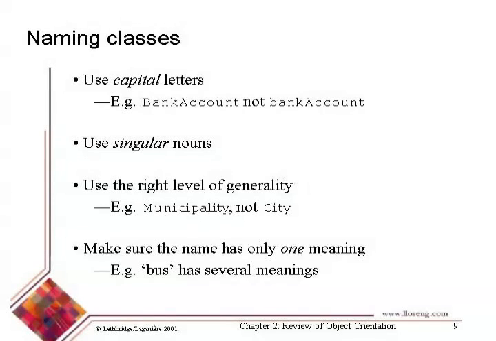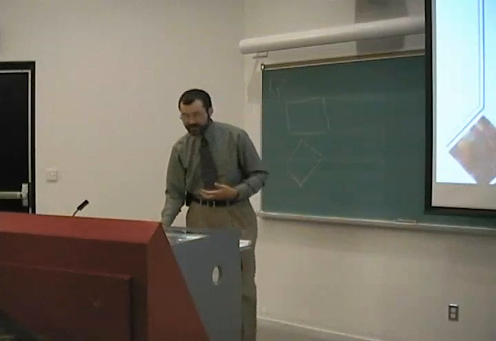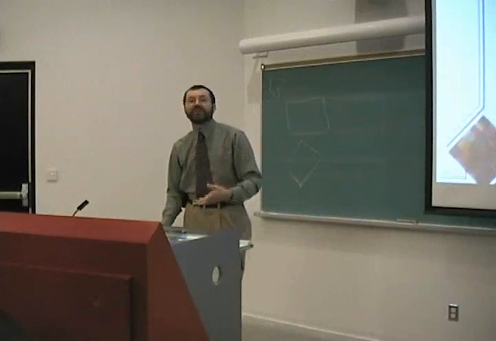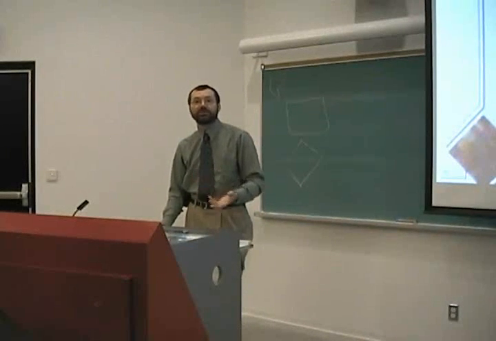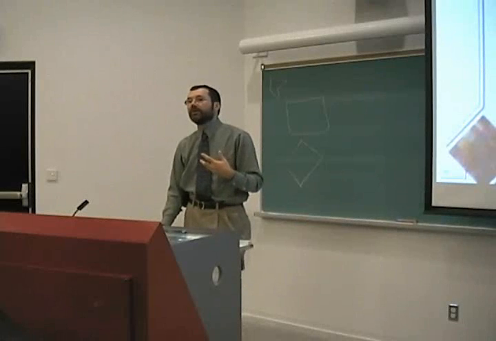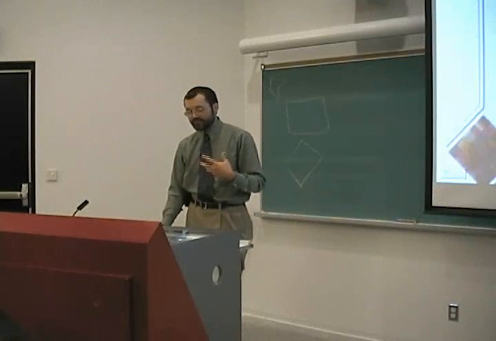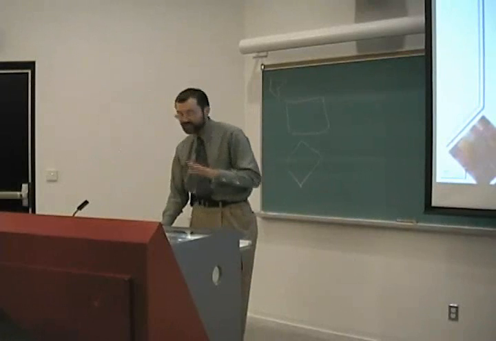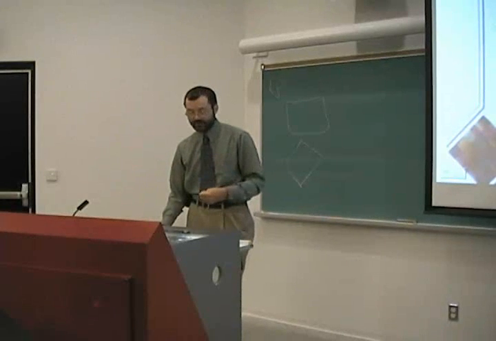If you show a lowercase b, people will read your program and think it's a variable. You want them to understand it's a class, so you use a capital B. This is a convention that has been in place since the days of Smalltalk, and it's pretty well standard throughout OO. Sometimes it gets violated, but in general, you should stick to the capital letter.